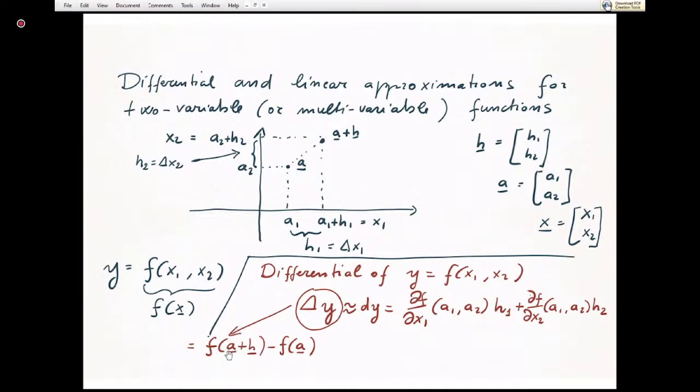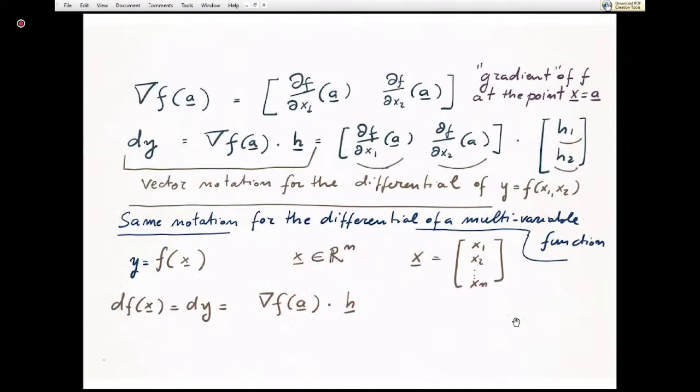But what is a plus h? It is the new point x. This is x1, x2, the new point, compared to the initial point a1, a2, which is fixed. So call this f of x, this f of a, and call the increments, respectively, x1 minus a1 and x2 minus a2. Repeat the formula for the differential, and you get the linear approximation.